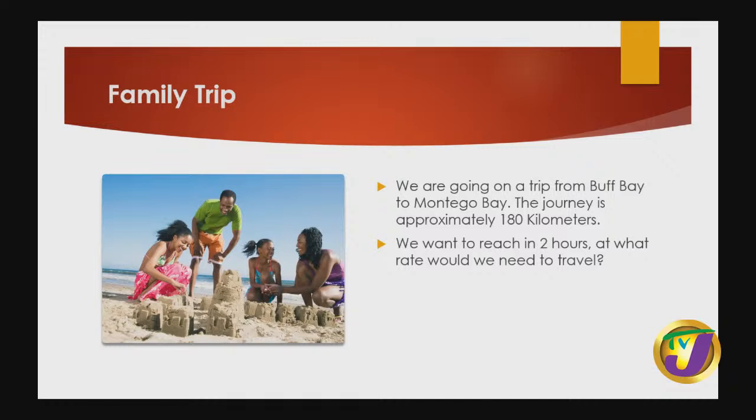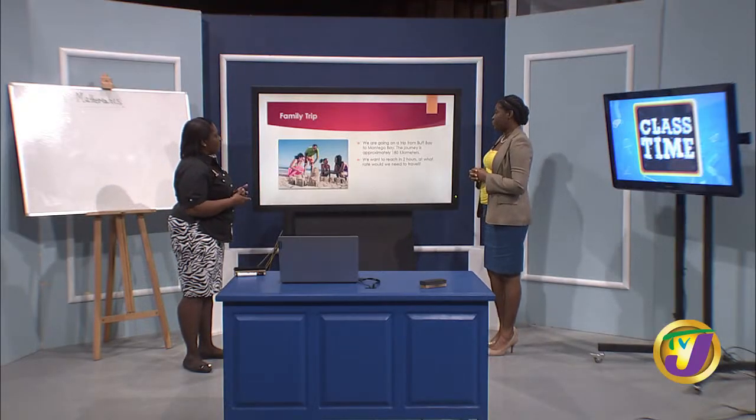At what rate would we need to travel? We don't want to go too slow, and we don't want to go too fast either. The speed, the rate, and the time will play. You want to reach in 2 hours and cover a distance of 180 kilometers. At what rate will we travel?